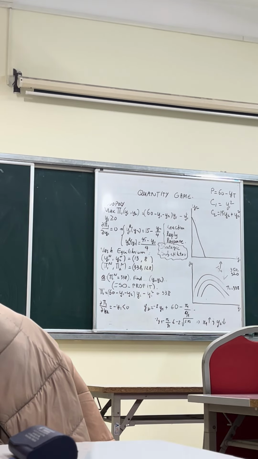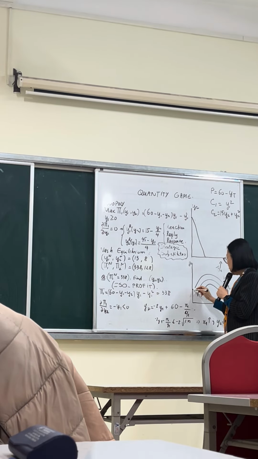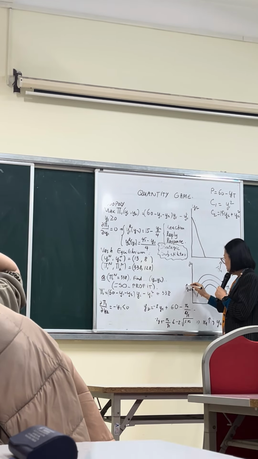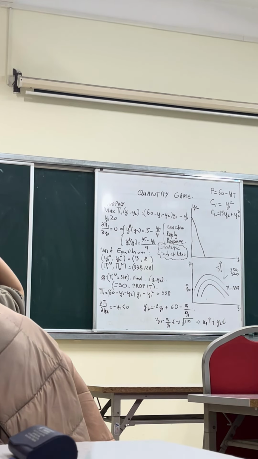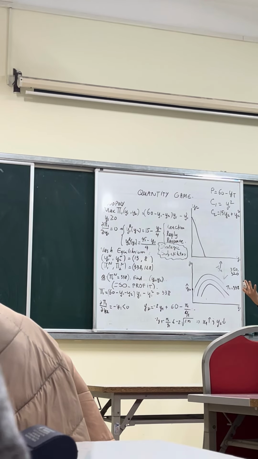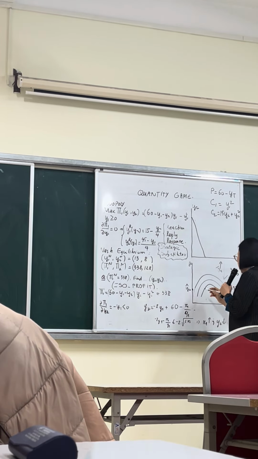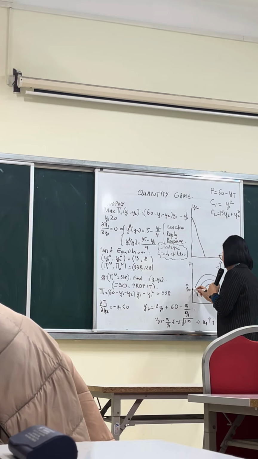Continue. Now, for a given output of firm 2, for example, I have y2 equal to y2 hat for some level. I ask a question for myself.